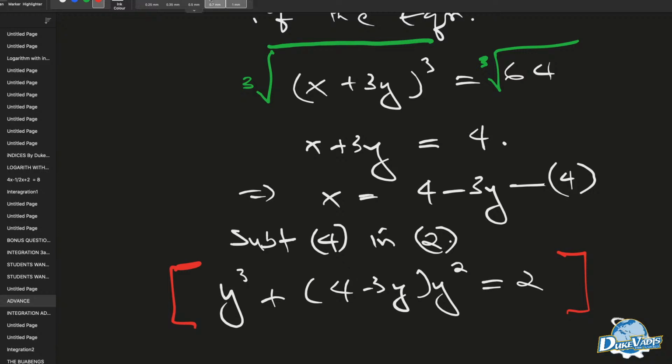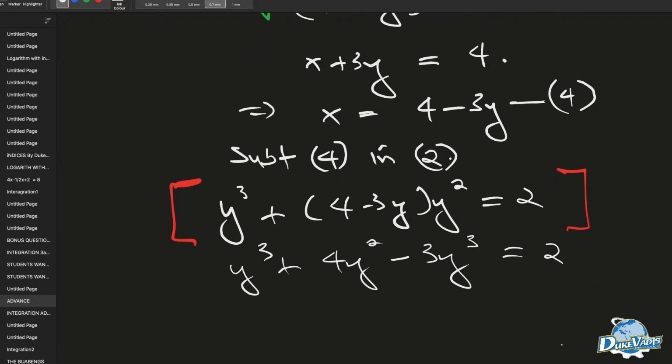Now let's concentrate on that equation and see what will come out. When we simplify, this is going to be y cubed plus 4y squared minus 3y cubed is equal to 2. Further simplification will give us y cubed minus 2y squared plus 1 is equal to 0.